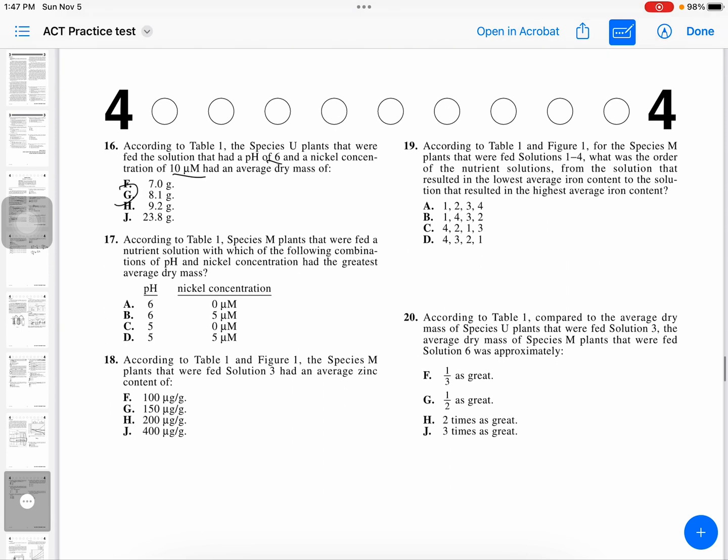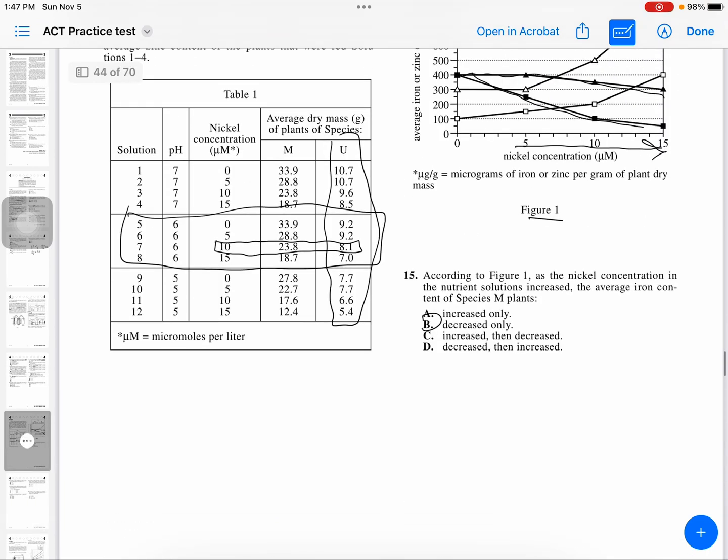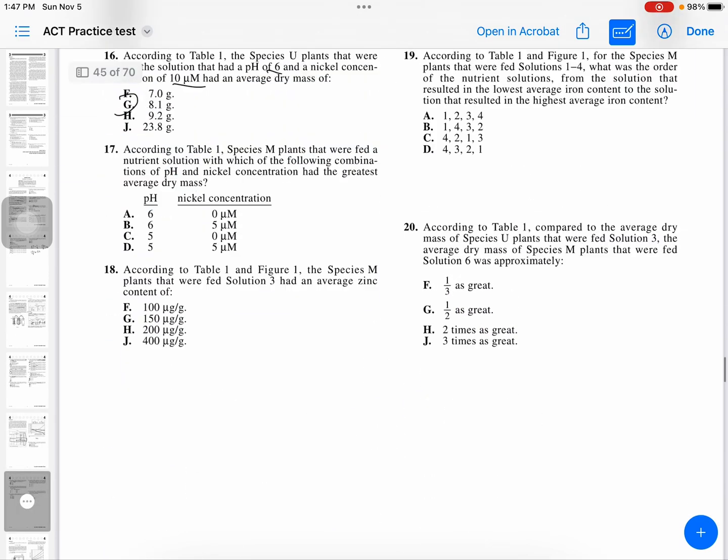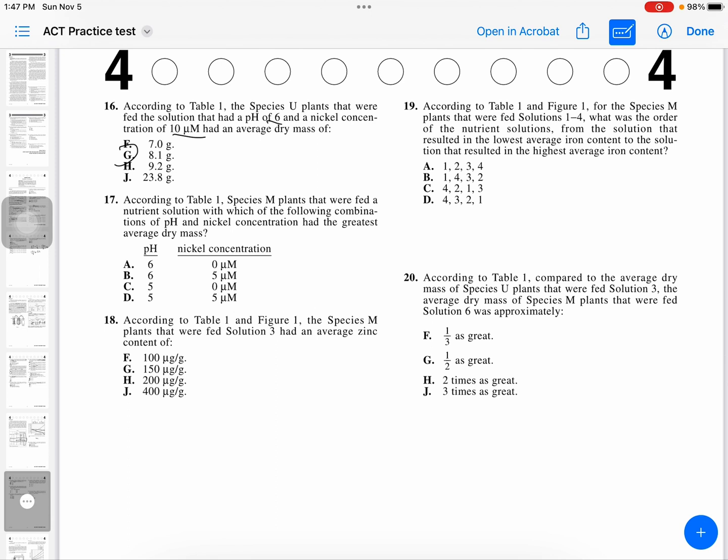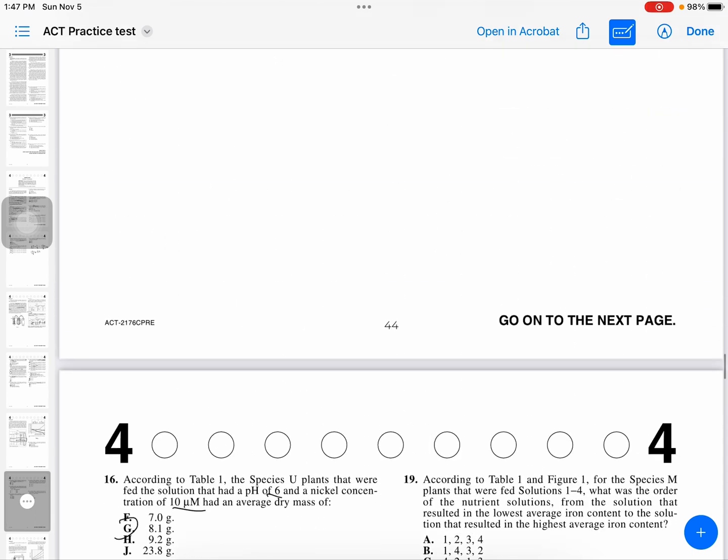According to table 1, species M plants that were fed a nutrient solution with which of the following combinations of pH and nickel concentration had the greatest average dry mass?